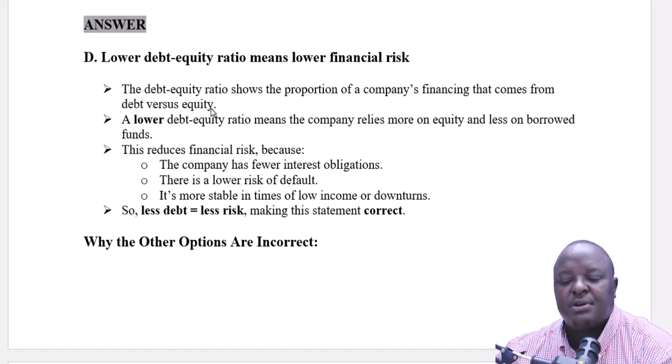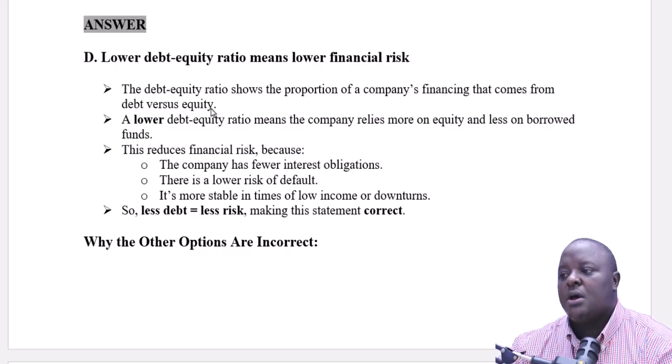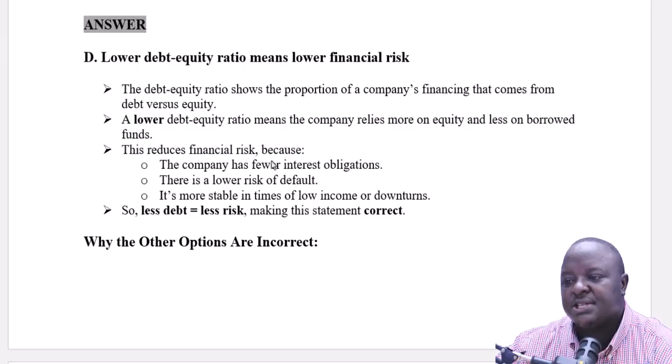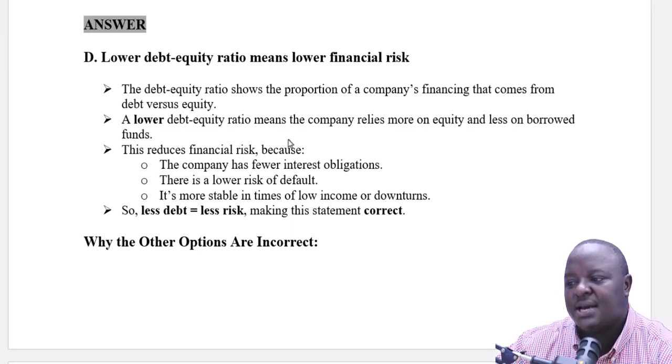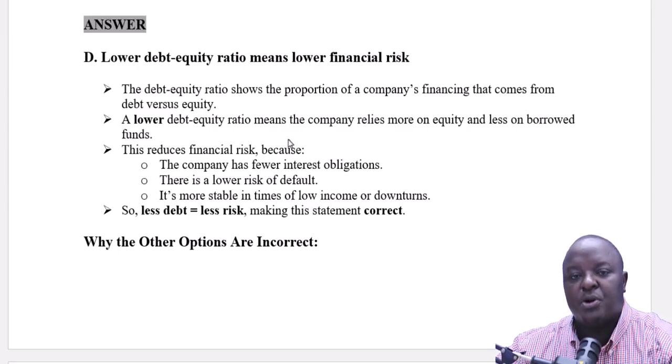The debt equity ratio shows the proportion of the company's financing that comes from debt versus equity. So a lower debt equity ratio means the company relies more on equity and less on borrowed funds.